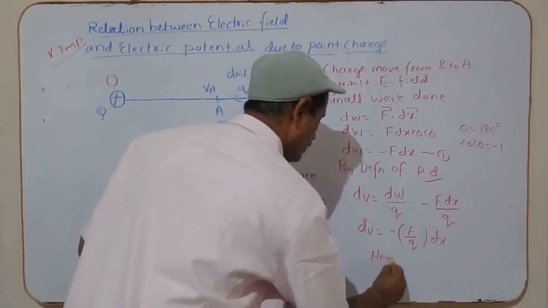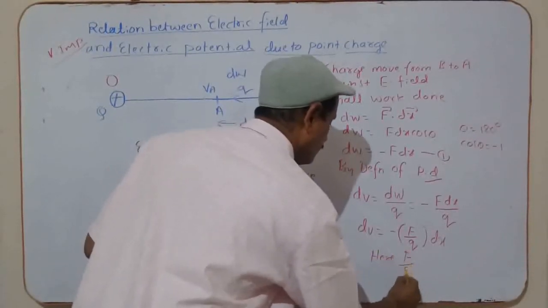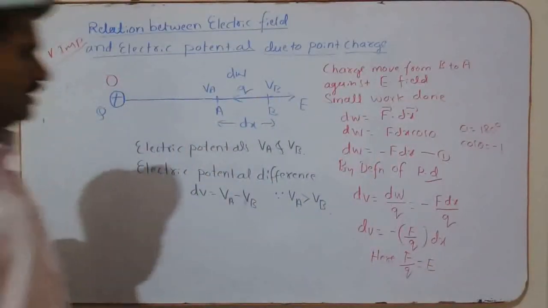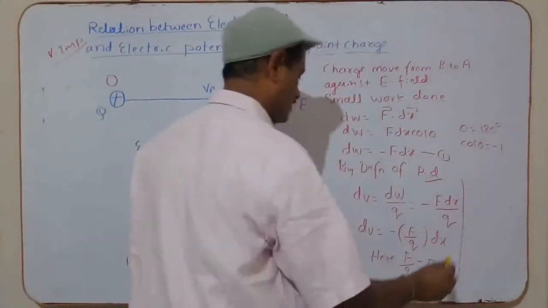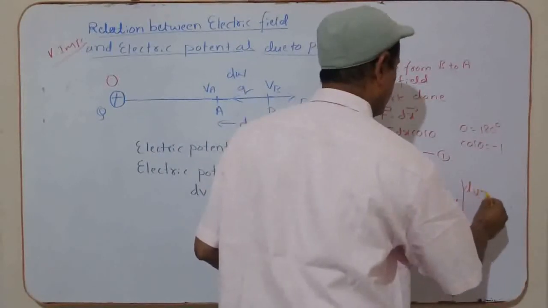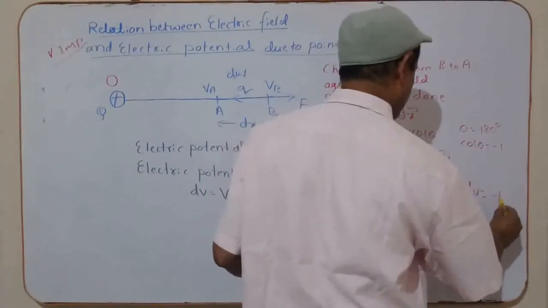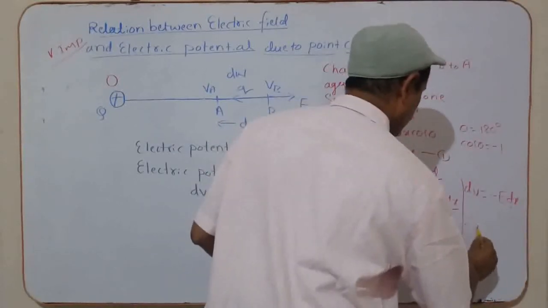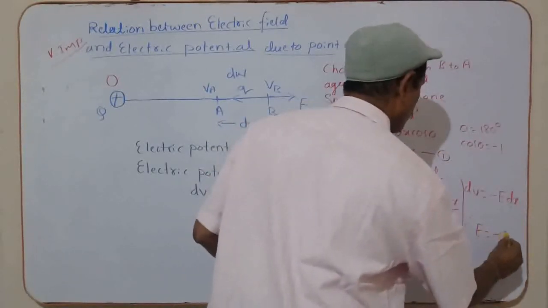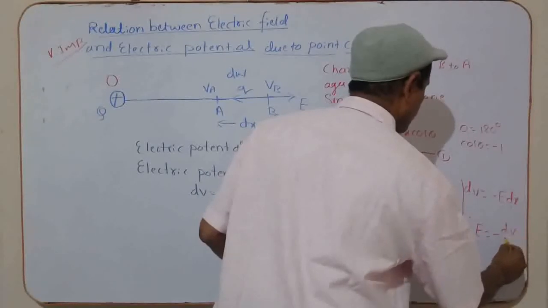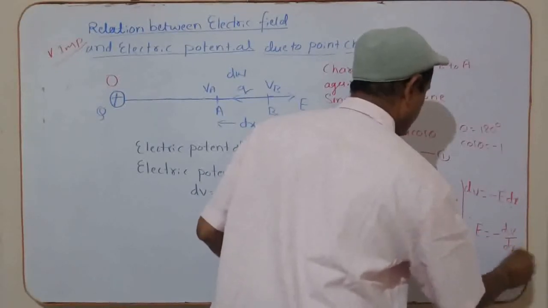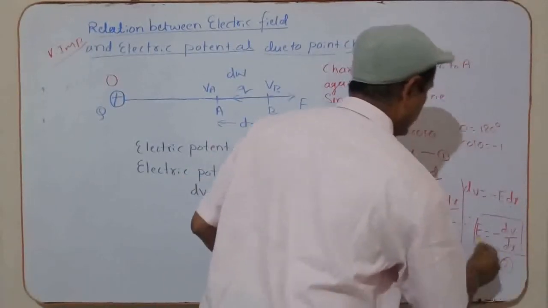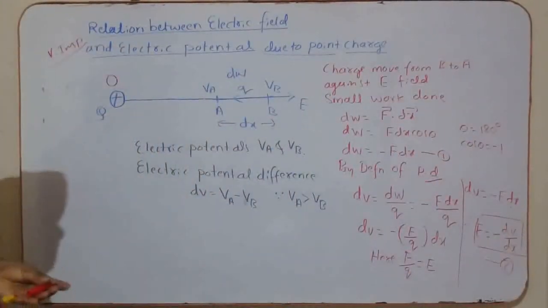Here F upon Q is nothing but the electric field E. Therefore finally, dV is equal to minus E into dx. Therefore E is equal to minus dV by dx. This is the relation between the electric field and the potential difference.